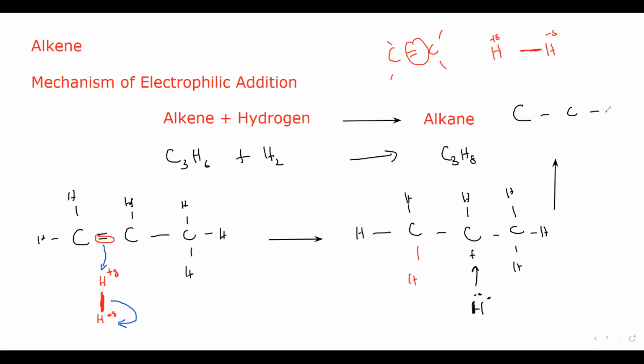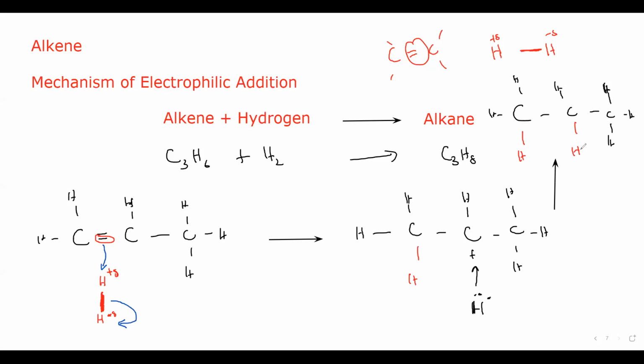So what happened? The hydrogen is added to both of these carbons, which results in the formation of alkane. So alkene plus hydrogen molecule results in the formation of alkane.